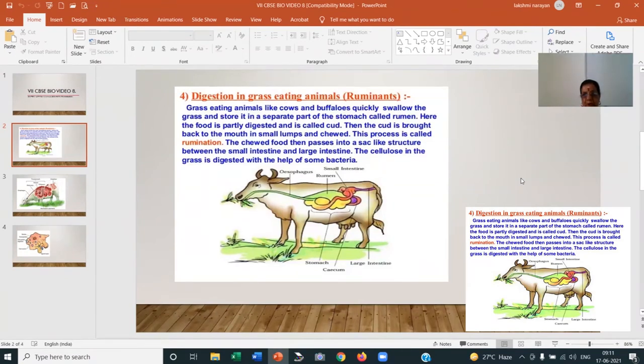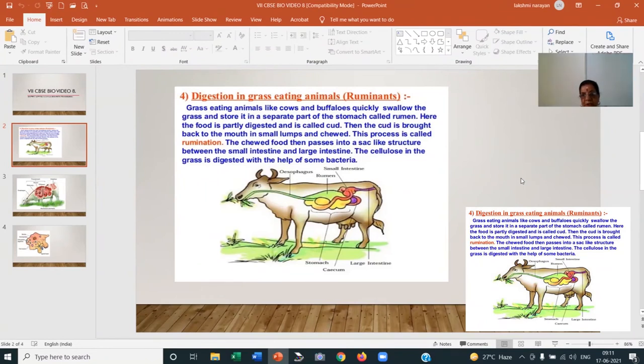Then the cud is brought back to the mouth in small lumps and then chewed well. And this process is called rumination. After rumination, the chewed food then passes into the sac-like structure between the small intestine and large intestine. I hope you have understood this during description.